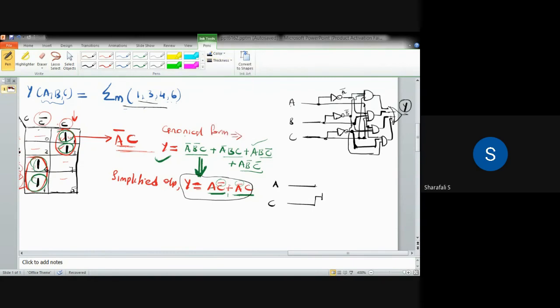This is my A C bar. Then the second one is A bar C. I have to take a NOT gate of this A, and this C I have to take.